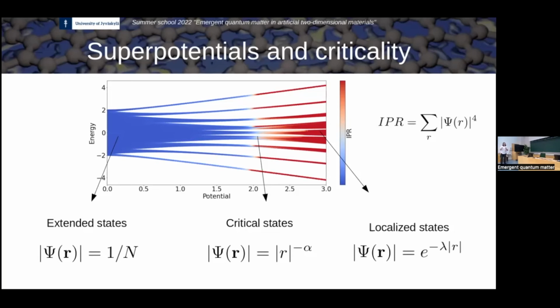So now, of course, this picture of extended states and localized states is something that holds when your potential is quasi-periodic, when it never repeats itself in space, right? If you think about every specific potential that repeats itself in space, of course, you would say that the states are always going to be delocalized, because if there's a certain periodicity, there's going to be a certain length scale in which you can define a unit cell.